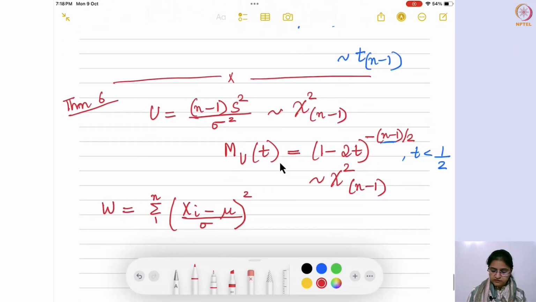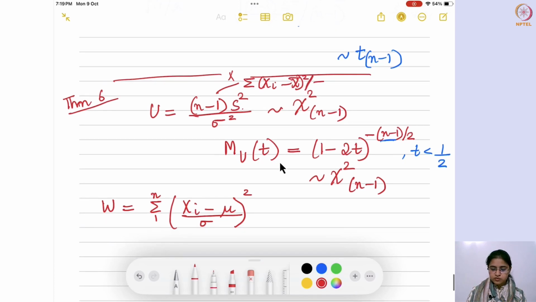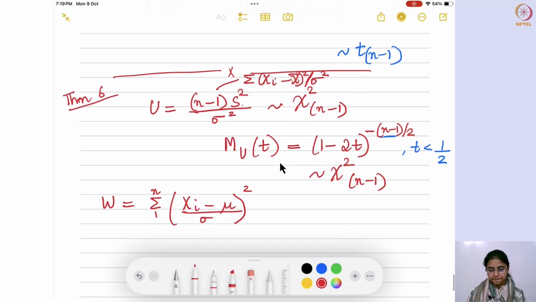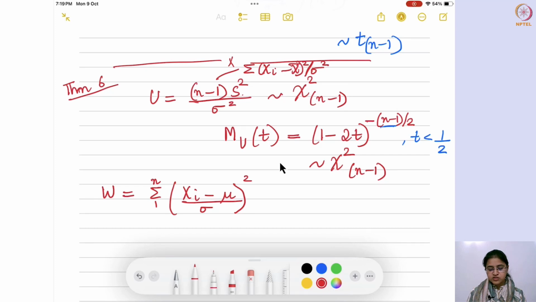Because here we have summation xi minus x bar whole square in the numerator, right? So instead of that we are working with, and we can divide it by sigma square also. So this is basically somewhat in this fashion only, with just the replacement that instead of sample mean we are working with the population mean over here.